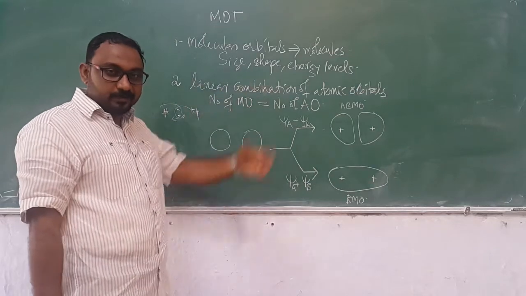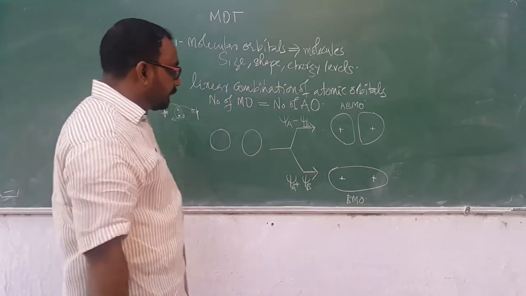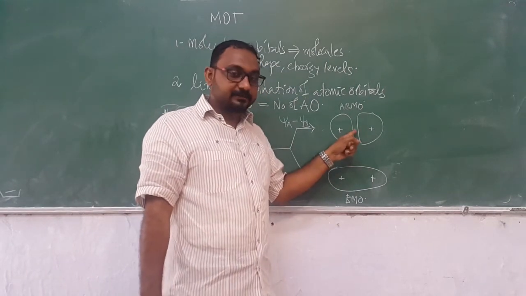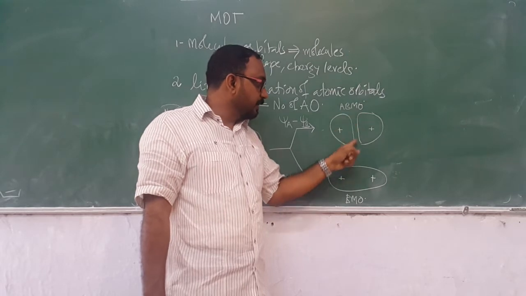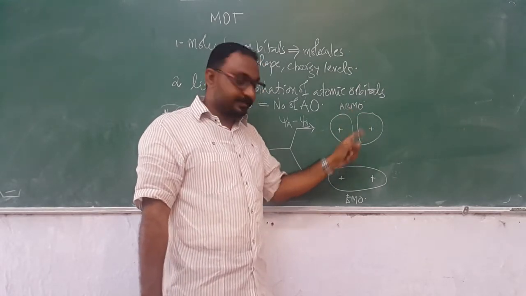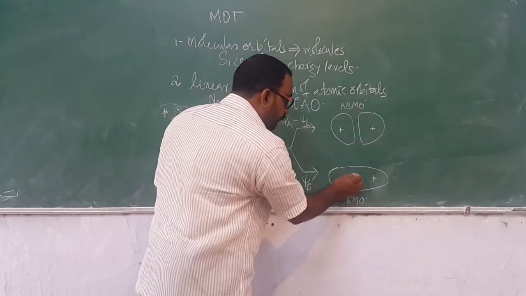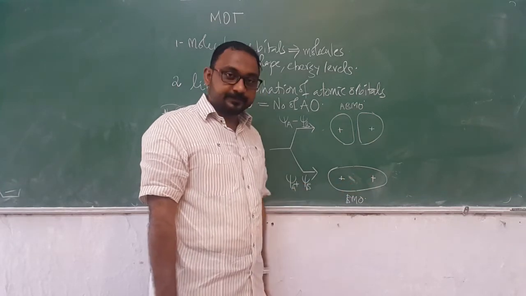This is how valence bond theory pictures the bonding. So what is lacking here? Here there is no possibility of finding an electron in between the nuclei, at the center. Whereas here, you could see the probability of finding an electron is high in between the nuclei.